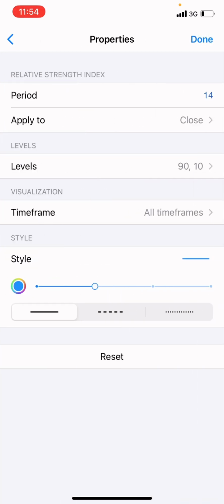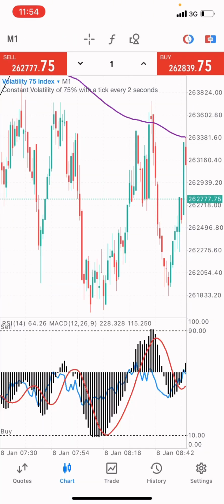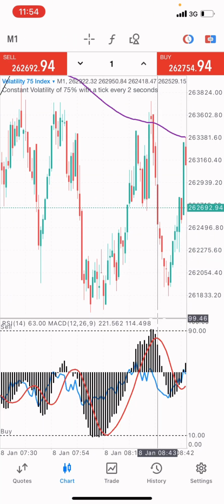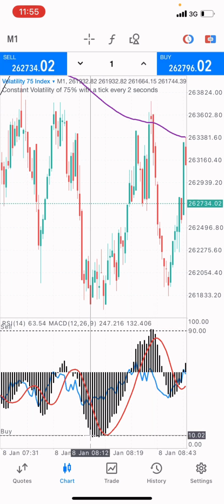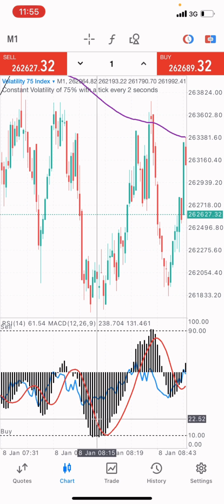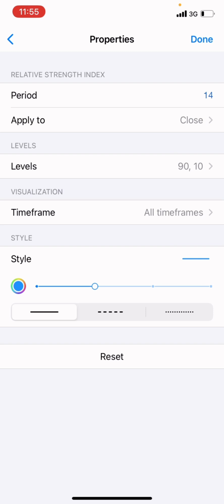Perfect, guys. So you put on sell and buy opportunities. When the market gets to this point, it's going to sell. Take a look at it, sell. When it gets to the level of 10, it's going to buy. So this is the perfect strategy for you to trade volatility 75 using the RSI.